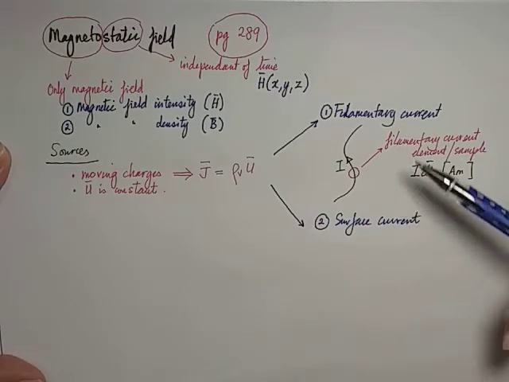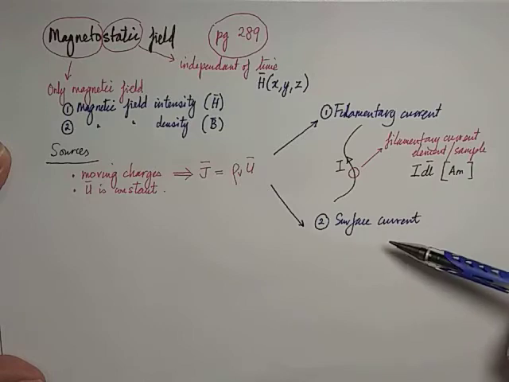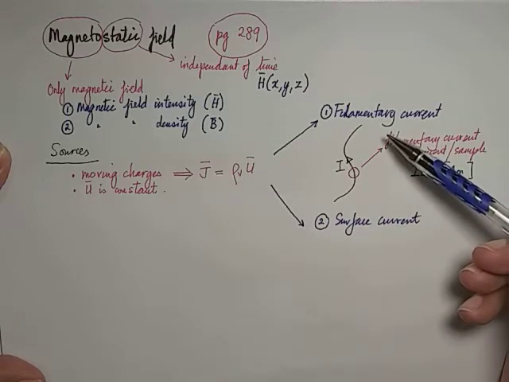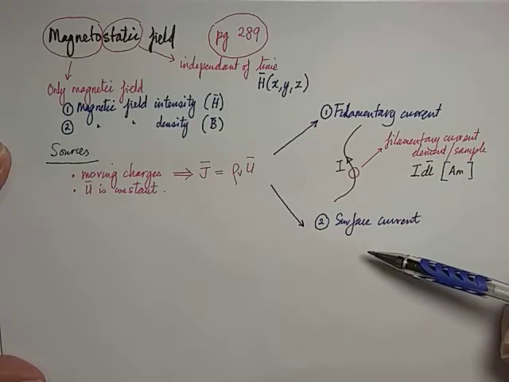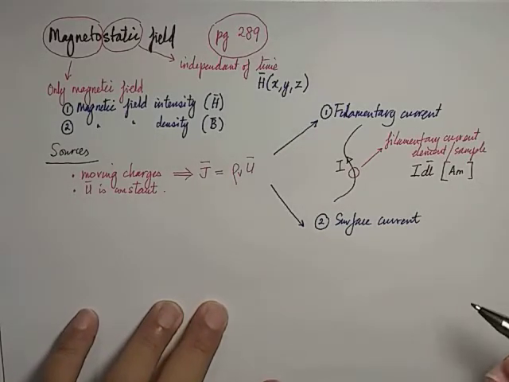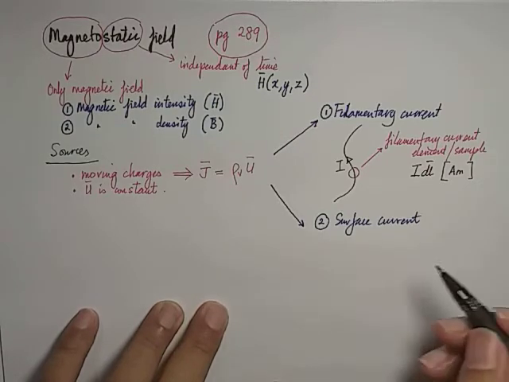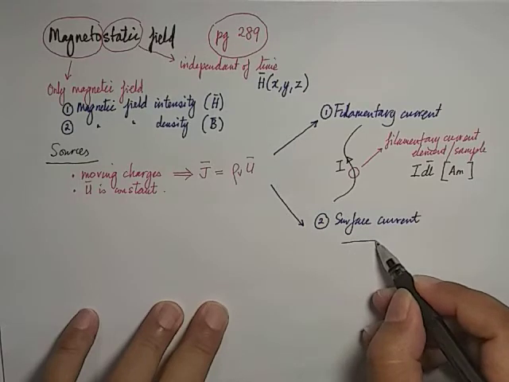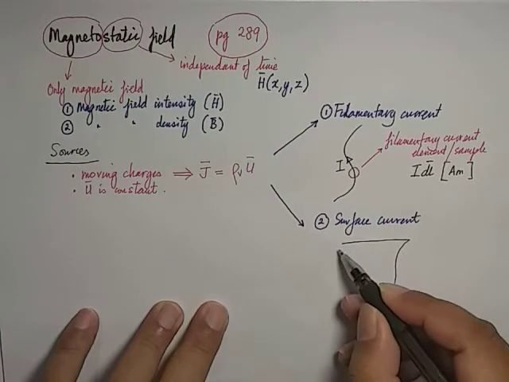So what you see there is reappearing now: first filamentary current, second surface current. I presume you can guess the model for my surface current is quite the same as my surface charge. So I'm going to draw about the same shape that we have drawn before.